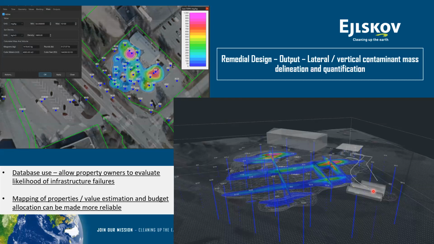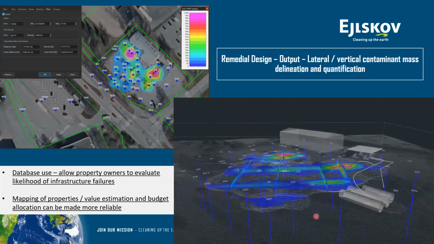And when it comes to having multiple properties and having to allocate budget based on possible, let's say, risks related to how much contamination is present on site, you can get a much better picture by using all the available data and storing it in a 3D software like we have available.